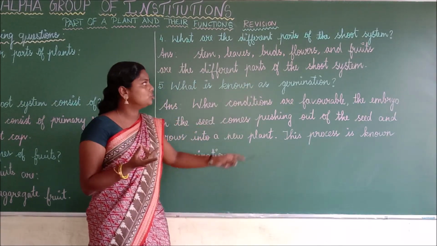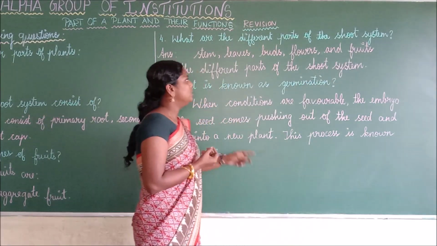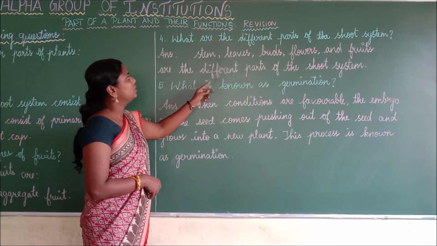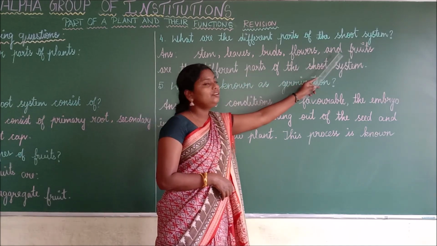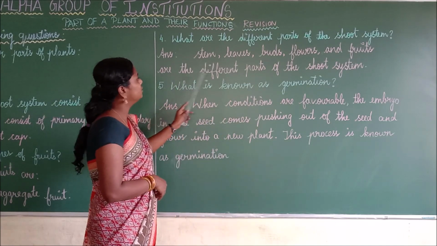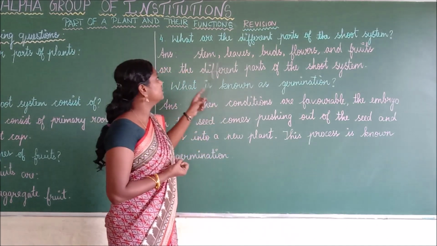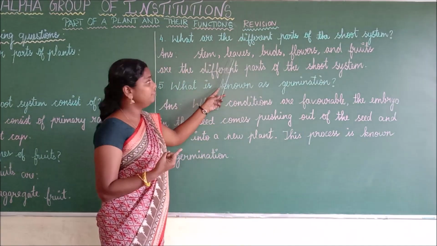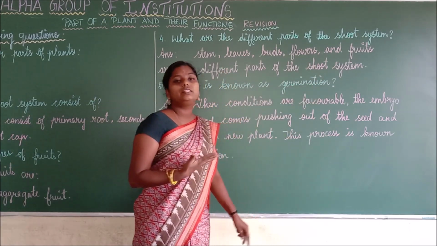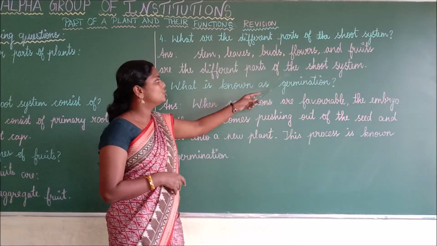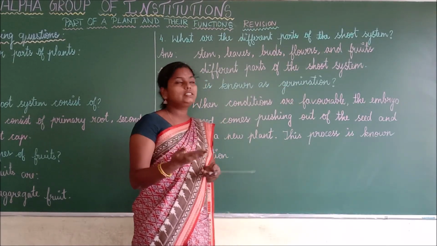The bud will bloom into a beautiful flower and then the flower turns into a fruit. So stem, leaves, buds, flowers and fruits are the different parts of the shoot system. These are all the things which come above the ground.